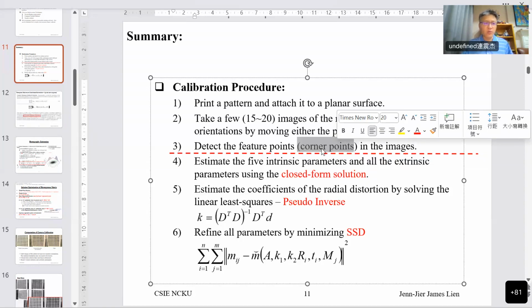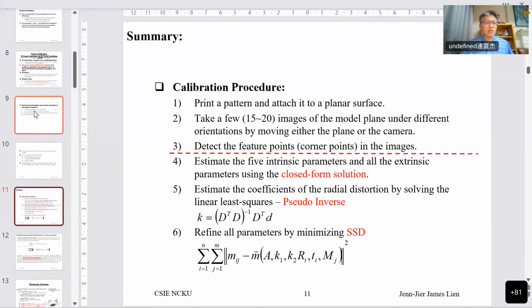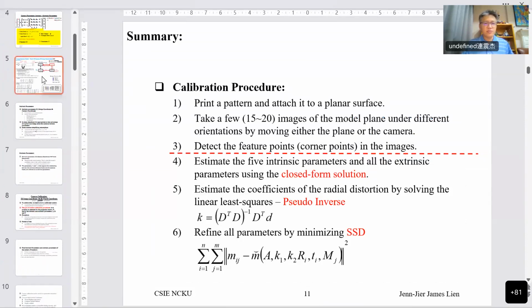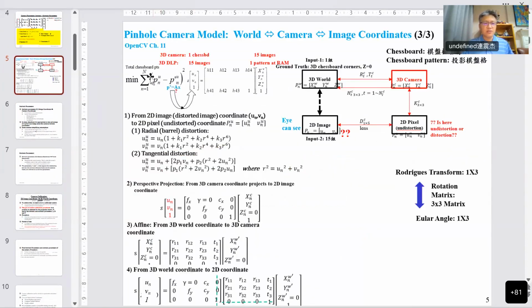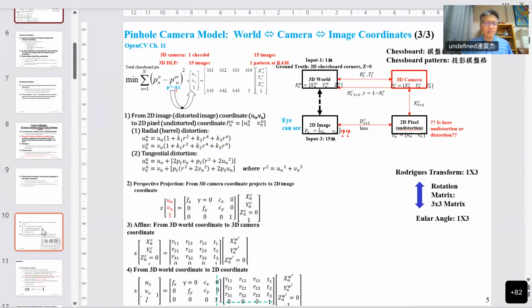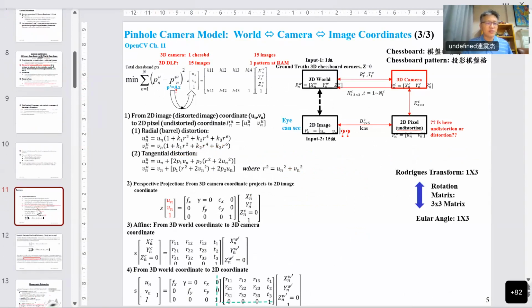The corner points actually mean you will know the ground truth here: the corner points, 2D coordinates, because that's an image coordinate.